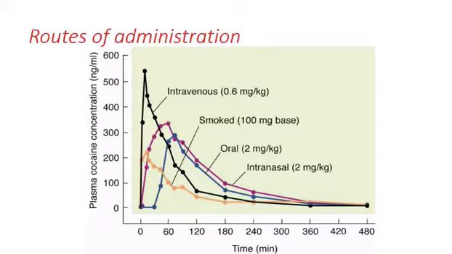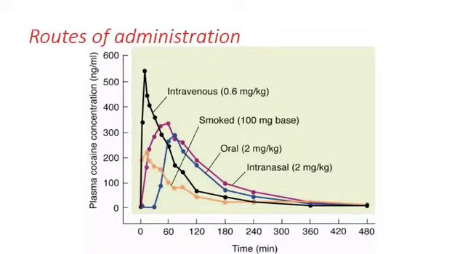routes of administration. Smoking also has a very rapid peak after administration, but the plasma concentration isn't nearly as high as it is for intravenous, presumably because a lot of the material is burned in the process of producing the smoke. And so, again, it provides the fastest decline in plasma concentration of the drug.